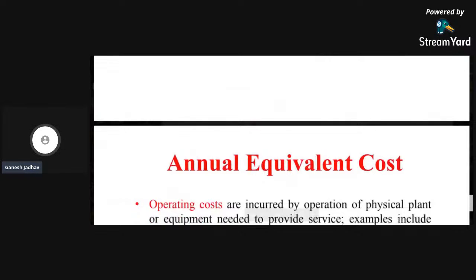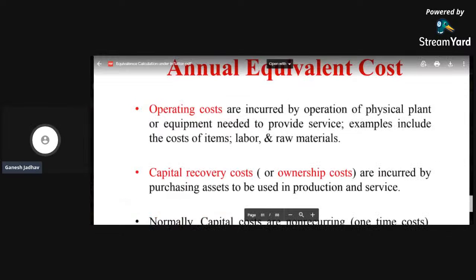So what is the operating cost? Okay, what is the operating cost? So this is the operation of the physical plant or the equipment needed to provide the services also. Okay, so how many teams or how many employees are operating that particular service, we can say that that is the cost.